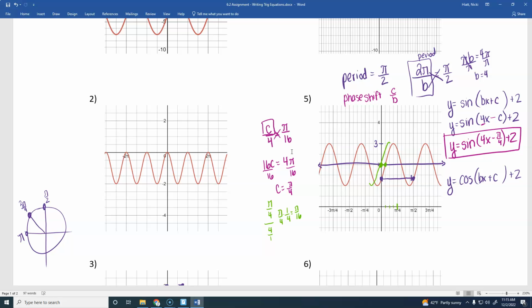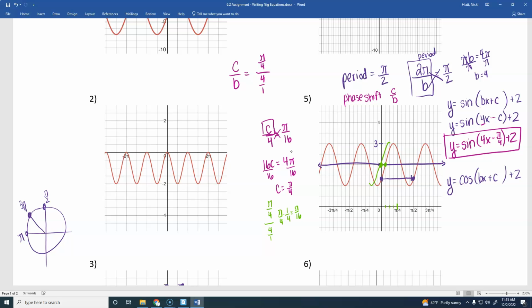Does that make sense, the difference there, Sophie? So when you're finding the phase shift, we can take that number and divide it by. Yeah, so you can double check, because like you were doing on the warm-up, the formula for phase shift is C over B. So C is pi over 4, and B is 4, right?